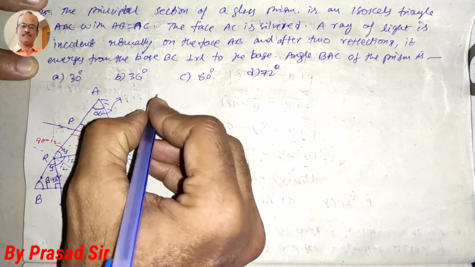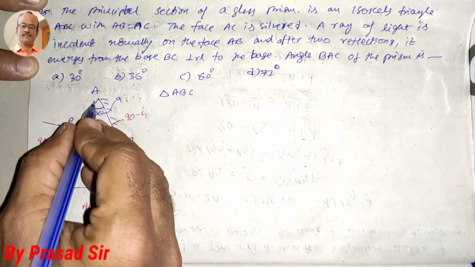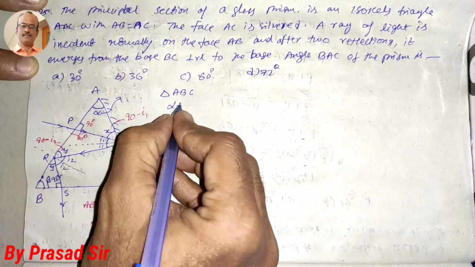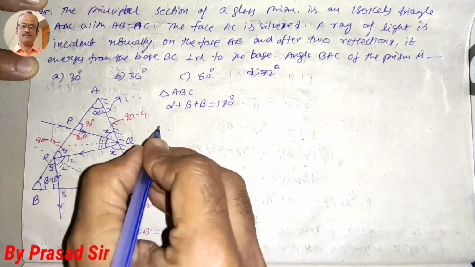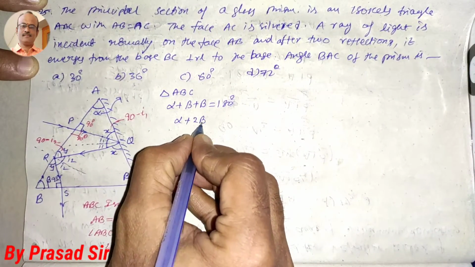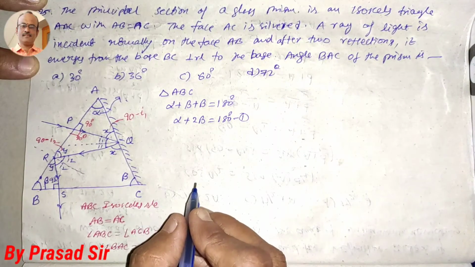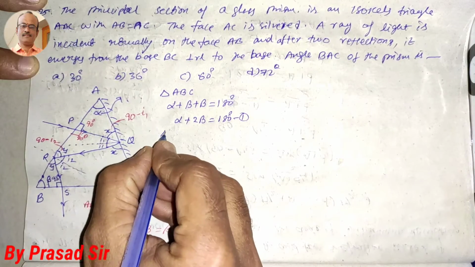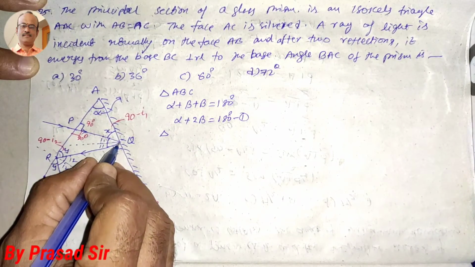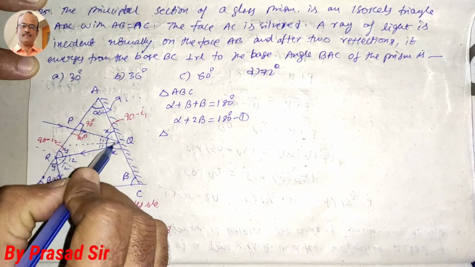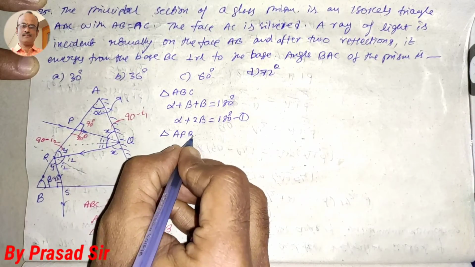First of all, here in triangle ABC, alpha plus beta plus beta, the sum of all the angles is 180 degrees. So that means alpha plus 2 beta is equal to 180 degrees. This is the first equation. Then afterwards, triangle APQ.